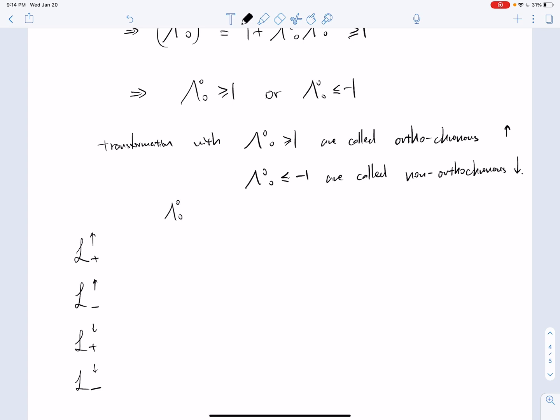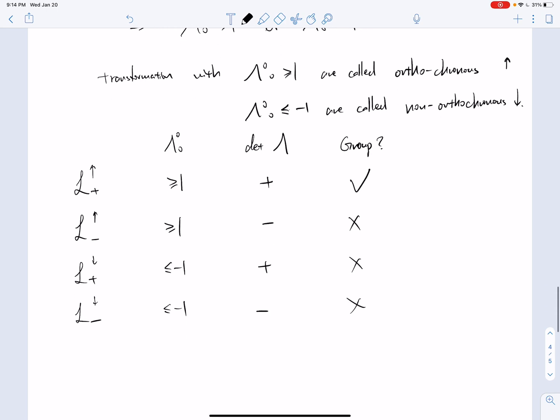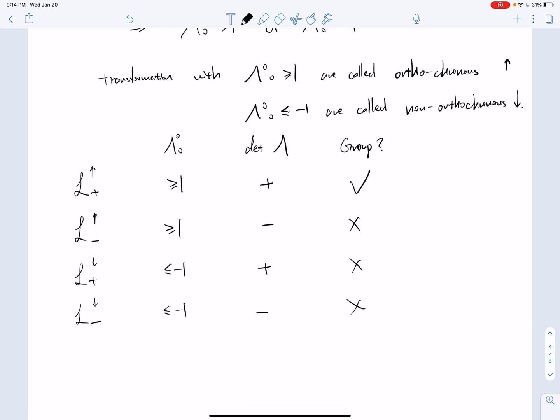So we can make a table. This is greater than or equal to 1 because it's orthochronous. These are smaller than or equal to minus 1. And the determinant. Also, we can ask whether or not it's a group. This one is a group, and none of these others are groups. They're just parts of our full Lorentz group.